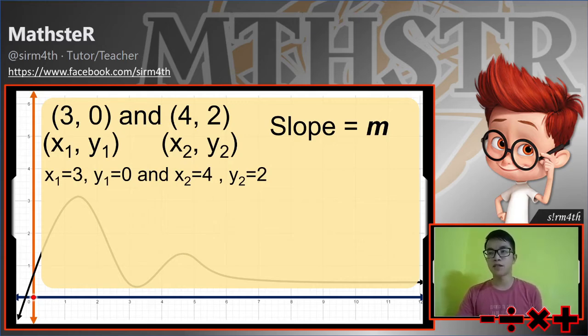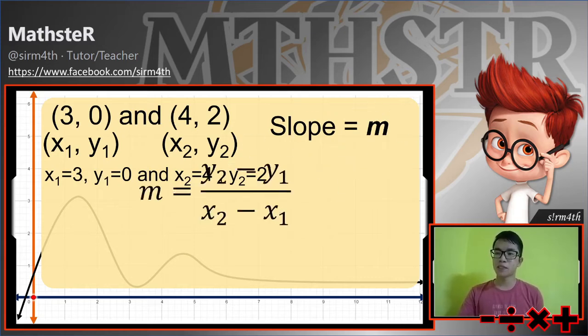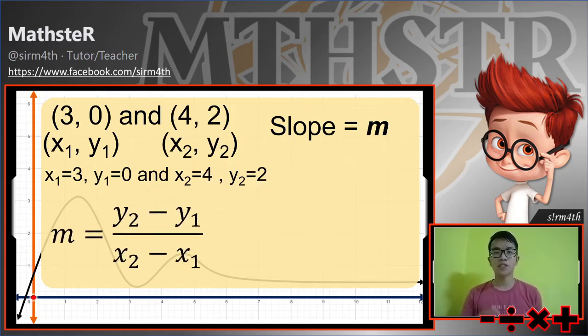And the formula given the 2 points is m, or the slope, equal to y sub 2 minus y sub 1 over x sub 2 minus x sub 1. Ang gagawin lang natin dito, since na-identify na natin yung mga values ng x sub 1, x sub 2, y sub 1, and y sub 2, i-substitute natin. So ito ay magiging 2 minus 0 over 4 minus 3.